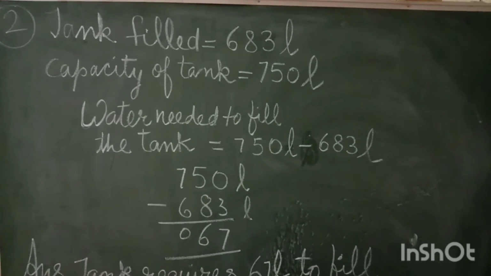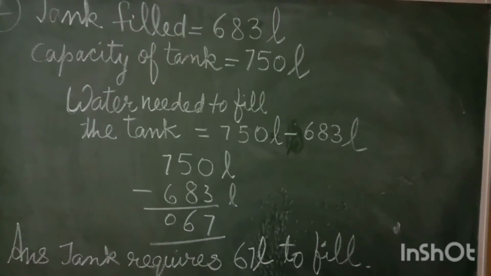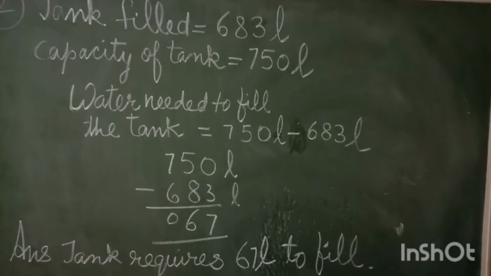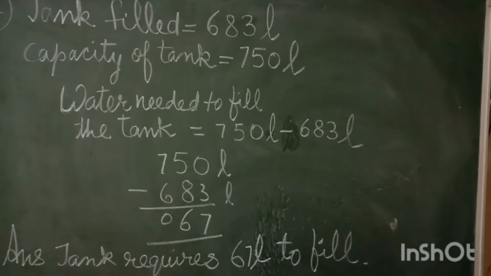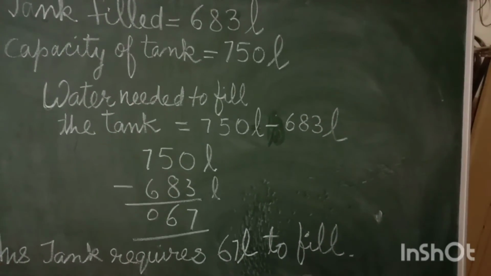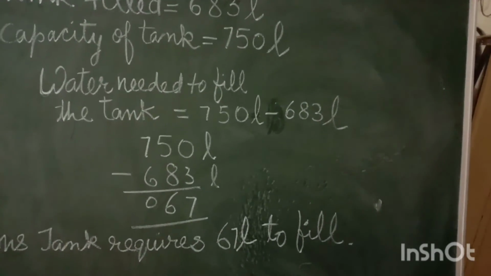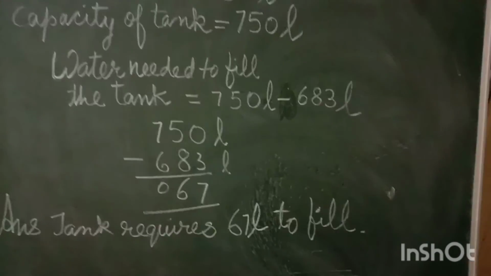Okay, I am going to solve this sum on the blackboard. So the solution of question number 2: the tank is filled with 683 liters but the capacity of the tank is 750 liters. So water needed to fill the tank is equal to 750 liters minus 683 liters. Subtraction you know. So the tank requires 67 liters to fill.